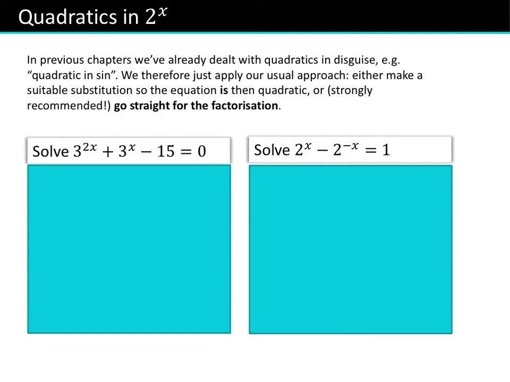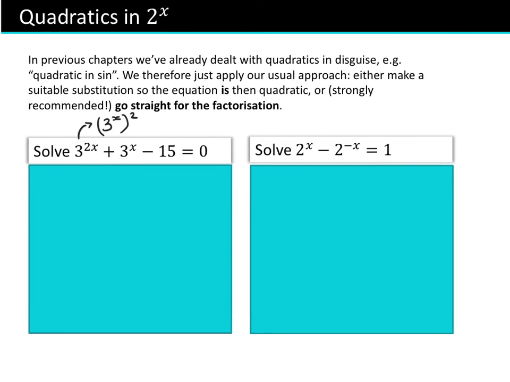So here we have our favourite type of questions. What are they? They are quadratics in disguise. They're hidden, okay? Now, we know, again, 3 to the power of 2x using laws of indices can be written as 3 to the power of x squared. So in our case, when we're thinking of our quadratics, we can use substitution.